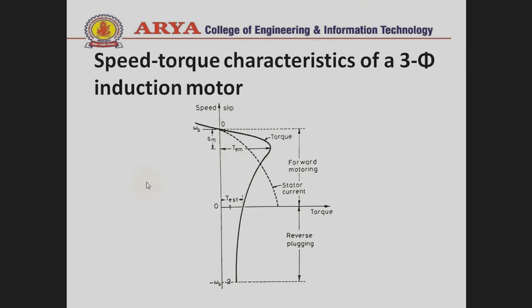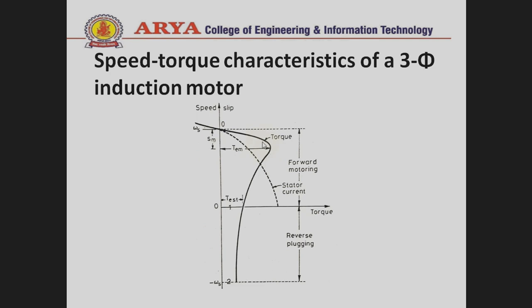In this diagram, you can see that in the motoring mode under the normal running condition, it means the slip S is less than the maximum slip, the starter current is not high. This shows the starter current is not high, and the torque increases with the increase in slip from 0 to Sm. You can see here the torque is increased from 0 to its maximum value.